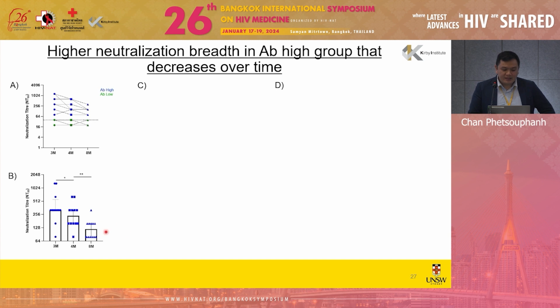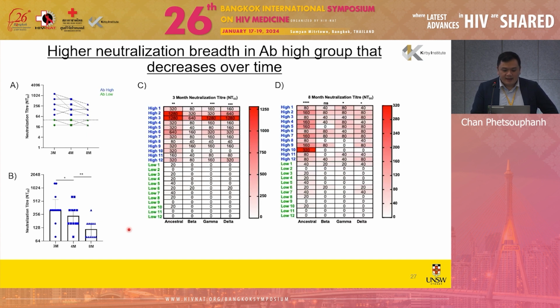So at 8 months, you see a significant drop in the neutralization titer, and it goes with the general theory that antibody does wane over time. And we showed that the antibody high group had good neutralization breadth to beta, gamma, and delta, and this also decreases over time. So figure C is 3 months and D is 8 months post-infection.